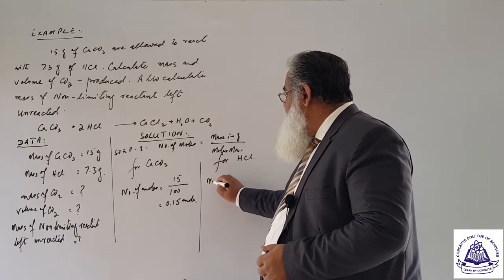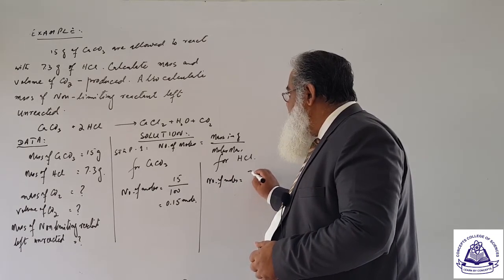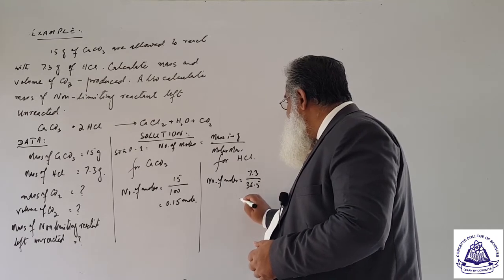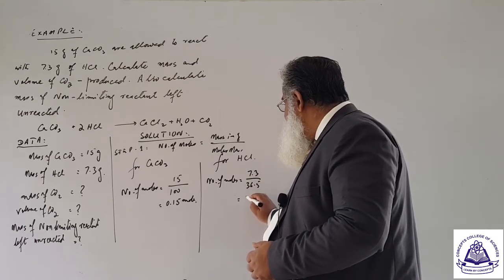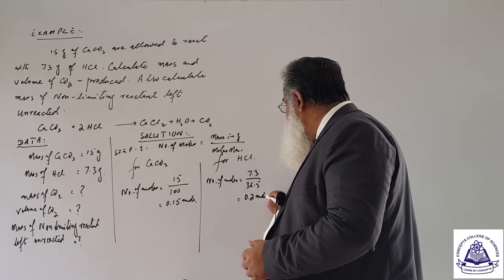Similarly, number of moles of HCl is equal to 7.3 divided by 36.5, answer obtained is 0.2 moles.